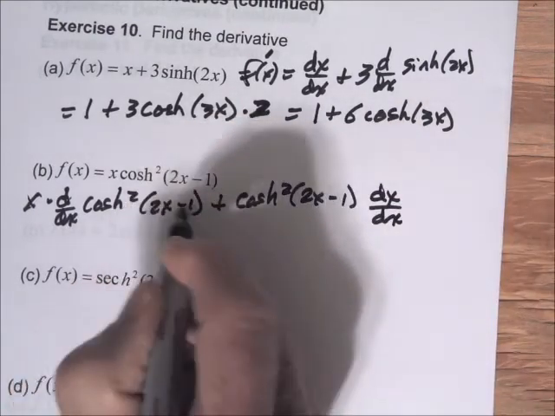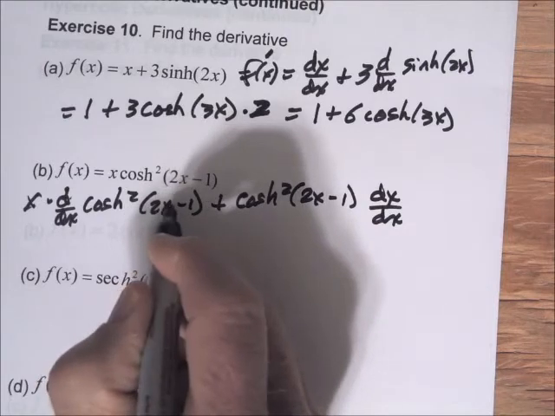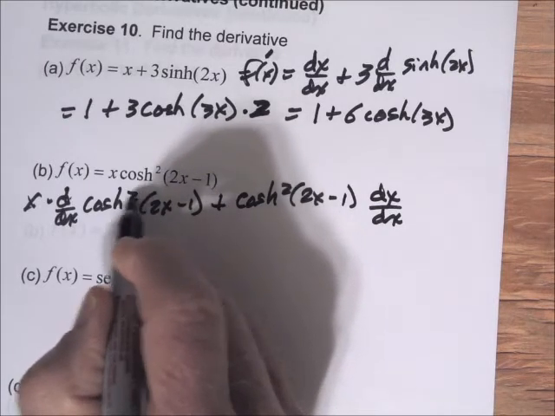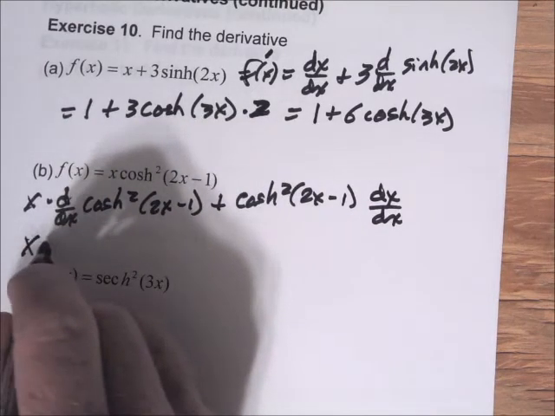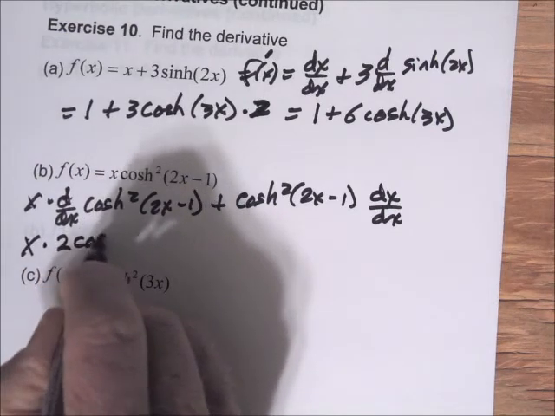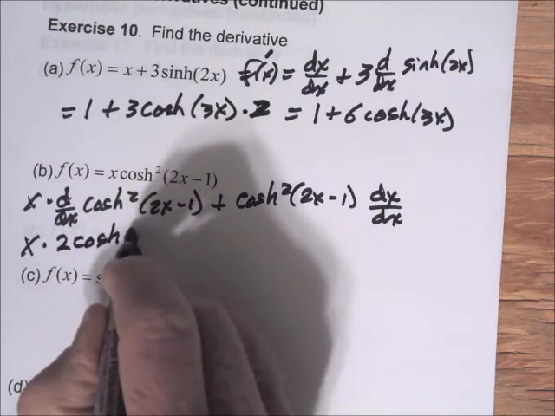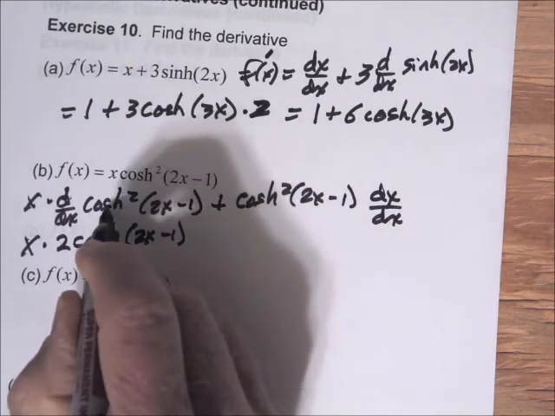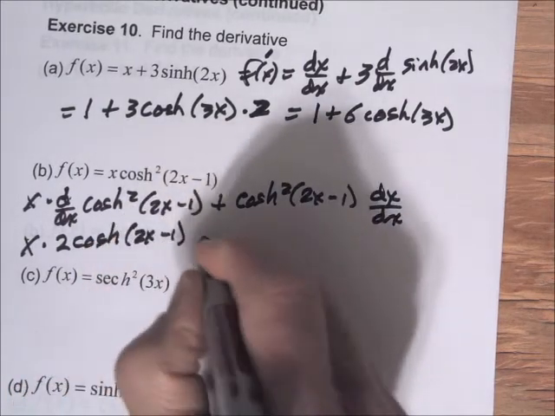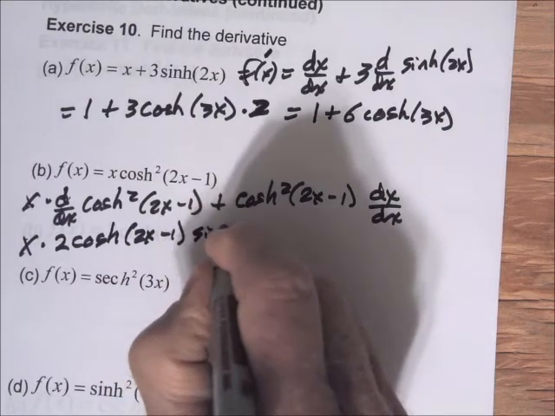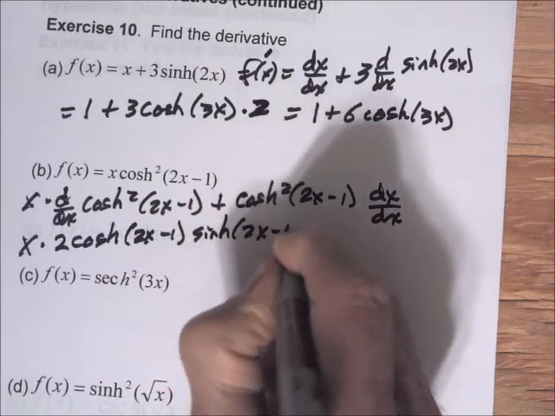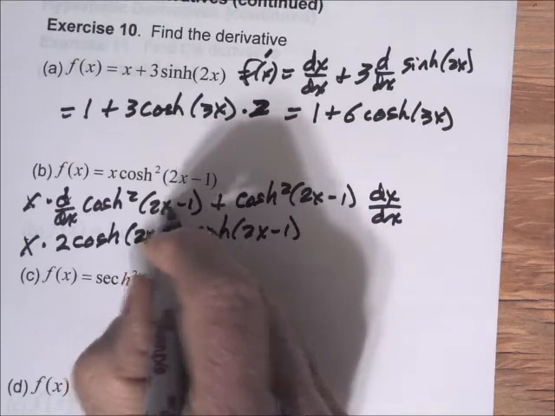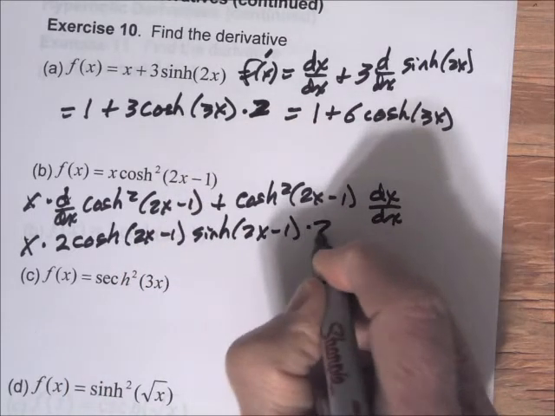Cosh squared of 2x minus 1 is a double composite function. The outside function is squaring, so it'll be 2 times whatever is being squared, which is 2 times cosh of 2x minus 1. And then the middle function is the cosh. Derivative of cosh is sinh. It's going to be sinh of whatever we're taking the cosh of. And the inside function of 2x minus 1, its derivative is 2.